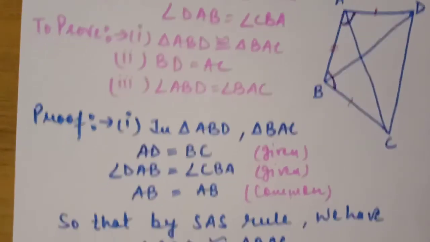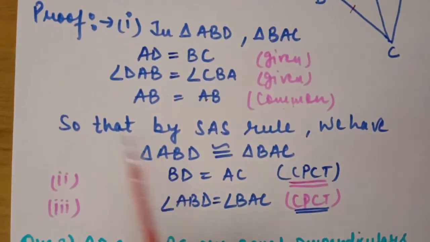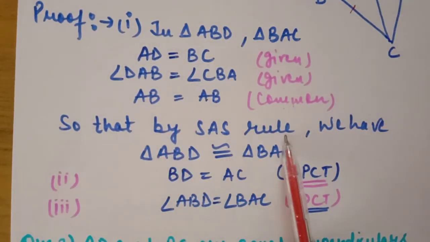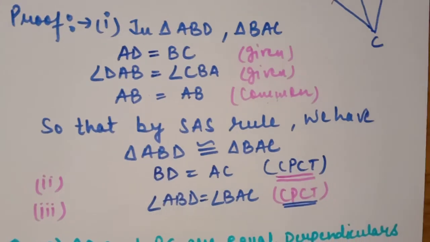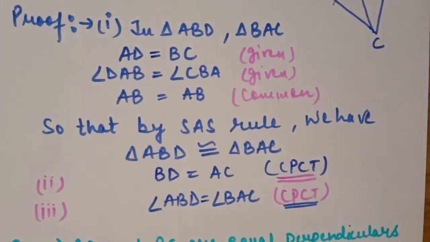By the SAS congruence rule, both the triangles are congruent to each other. If these two triangles are congruent by SAS, then definitely the remaining three elements of these two triangles are automatically equal to each other by CPCT, corresponding parts of congruent triangles.